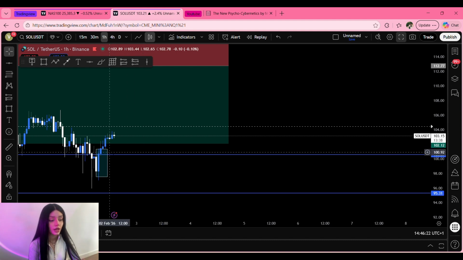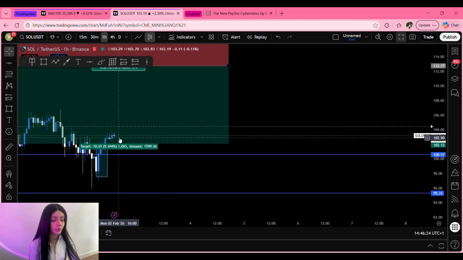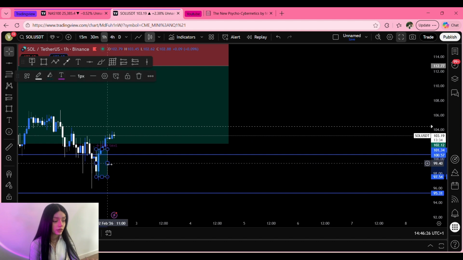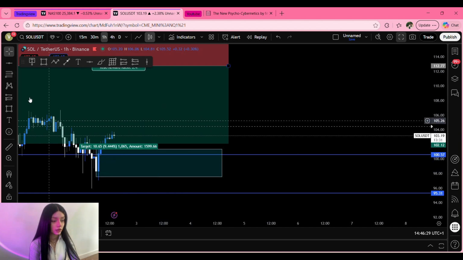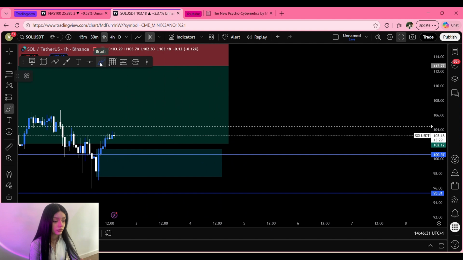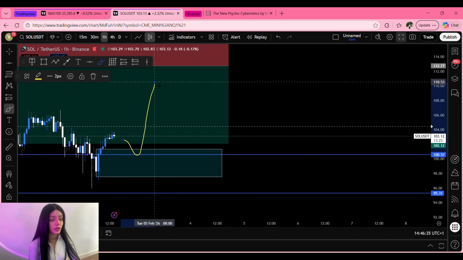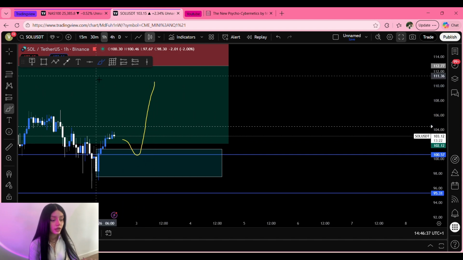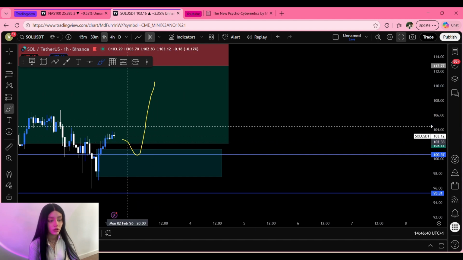But maybe I'll wait for the price to come back to this area again, come back into it and then go back up. That's something I would personally look for in order to place a long position.